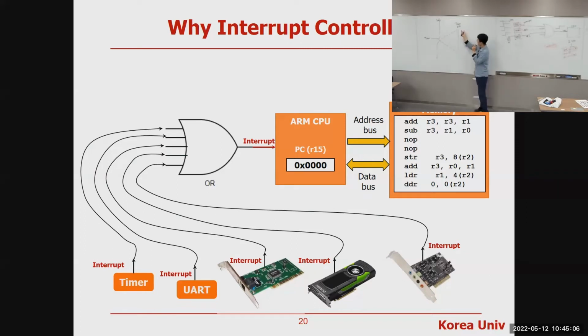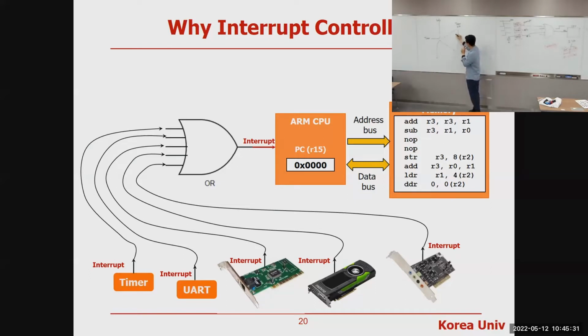Then you decided to allow nested interrupt processing. So many I/O devices, right? While processing the ISR, if some urgent and higher priority interrupt happens, I want to service that guy, even though I'm in the middle of processing the current interrupt.